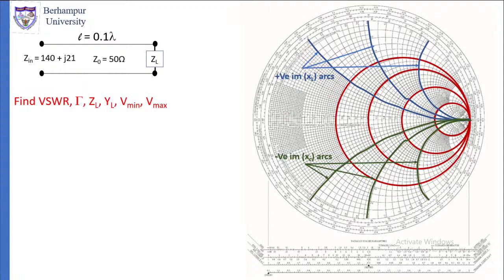These arcs are imaginary. Why are these arcs imaginary? The reason is very simple. They represent the reactive part. Reactive part is imaginary, therefore the upper part is positive imaginary arcs, the lower part is negative imaginary arcs. So the upper part represents XL, the lower part represents XC.